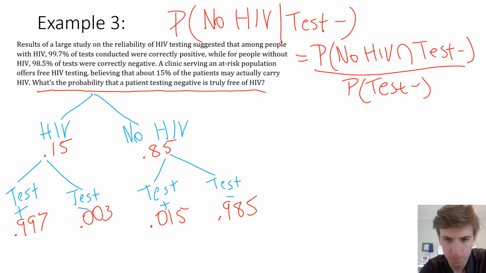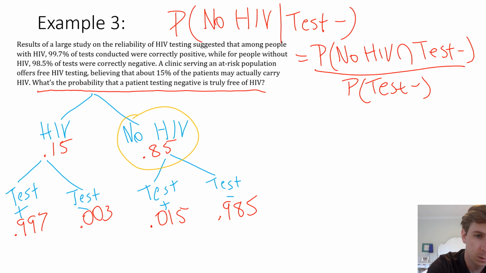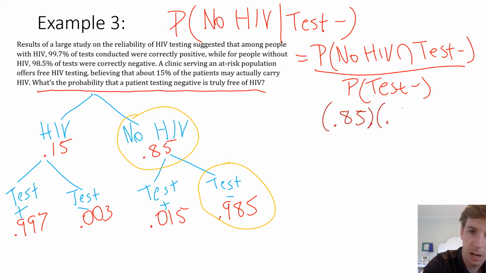of testing negative. So the numerator here, for no HIV and test negative, we're just going to be multiplying down the branches there. So that will be 0.85 times 0.985.